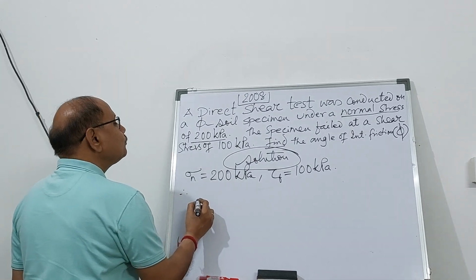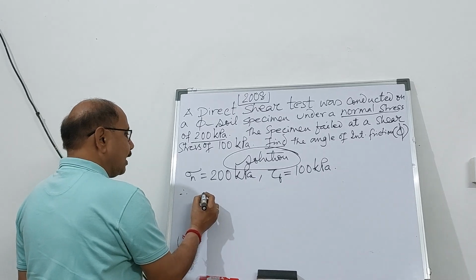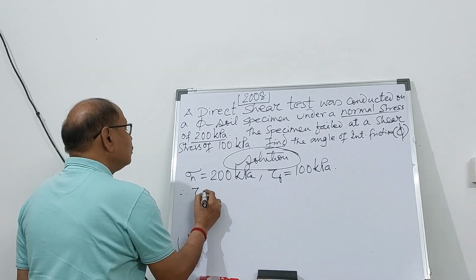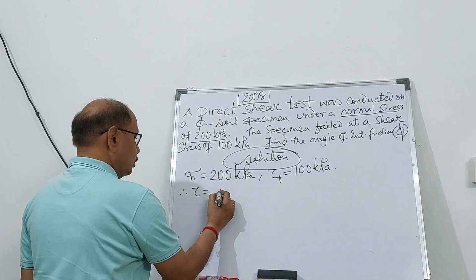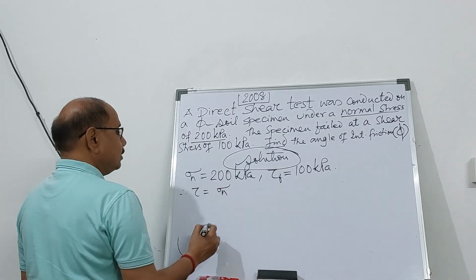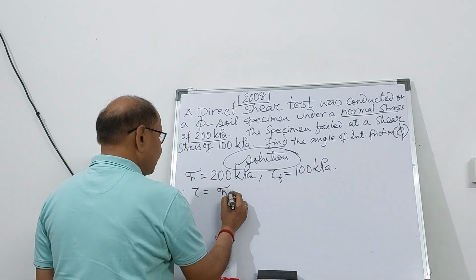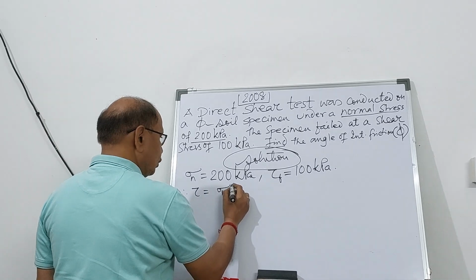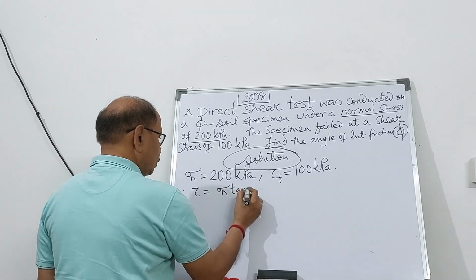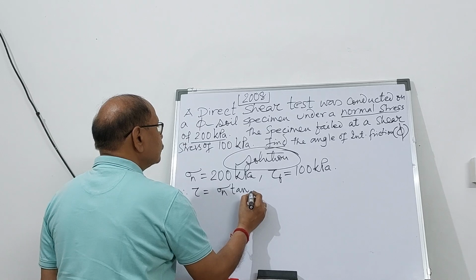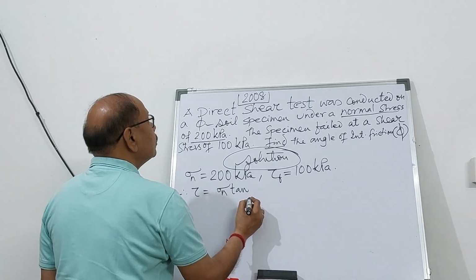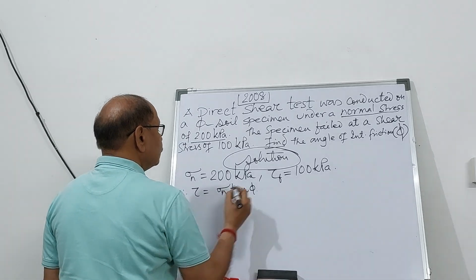Therefore, you can apply tau equal to, for sandy soil, granular soil, sigma n into tan phi.